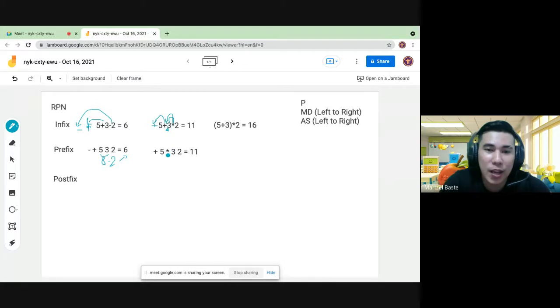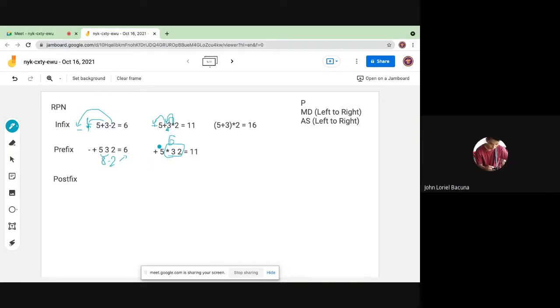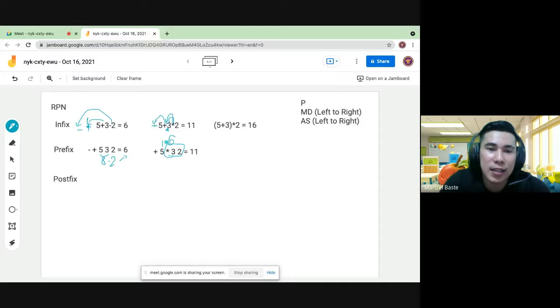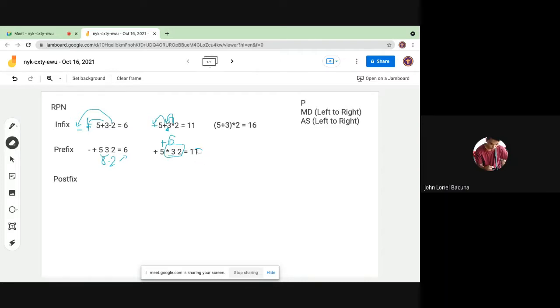So that is why operator, operand, the result of this one is pila. 6. Okay? And then plus the result of 6 and the result of 3 plus 2 plus 5 is 11. Okay. Nakuha? Sir. Okay, very good.